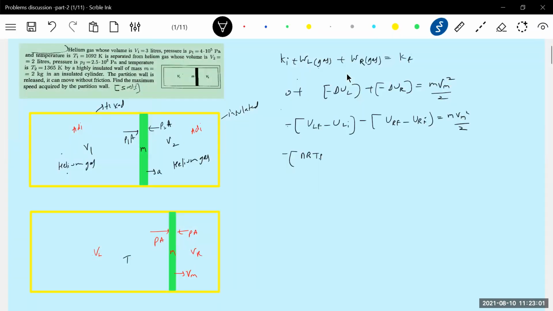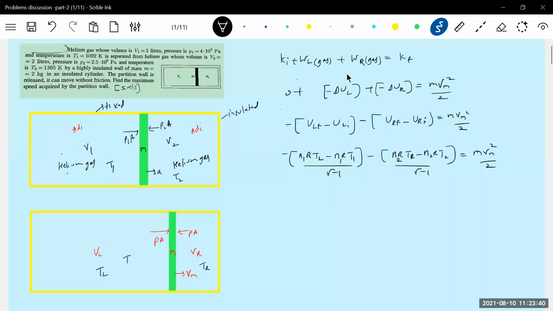So this will be the temperature here, TL and TR. The initial temperatures are T1 and T2. So this will be nRT1 by gamma minus 1. The number of moles will be different, n1 and n2, with T2 for the other side.